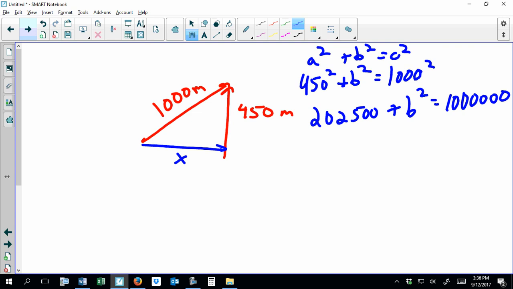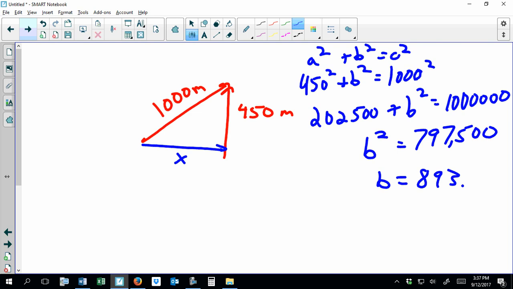If I subtract across, I get B squared equals that, and then take the square root. I get 893.0 meters. And that makes sense.